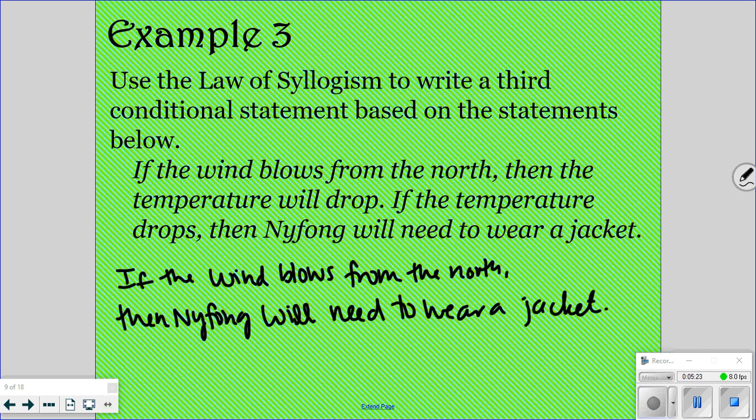And that's how you can use the law of syllogism. So they're not difficult. You just have to be familiar with what you do with them. You also have to know which one is which. Sometimes it'll ask you to tell which is using detachment and which is using syllogism.